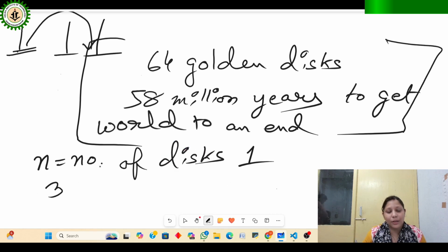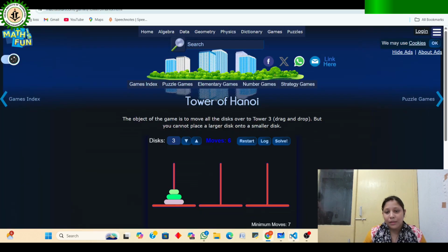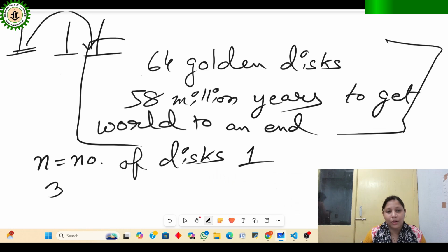if the number of disks is 3, what we can see here is the minimum steps we require is 2 to the power 3 minus 1, that is 8 minus 1, 7.